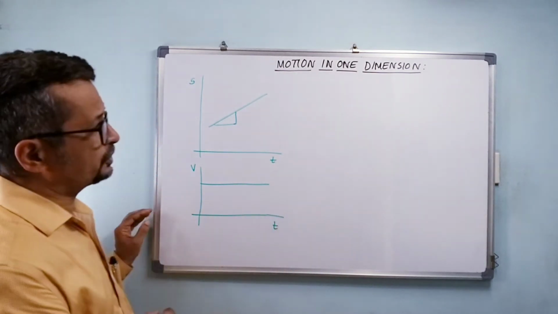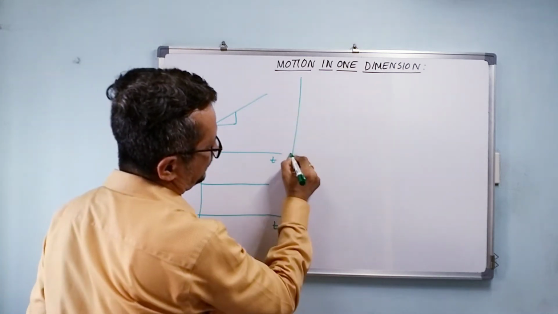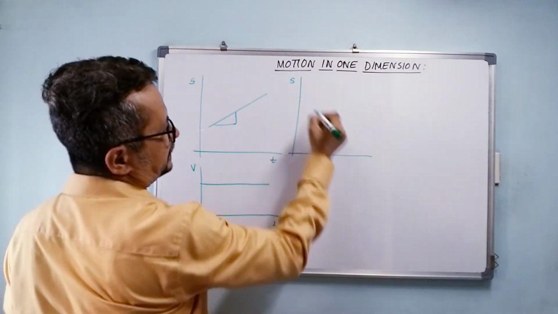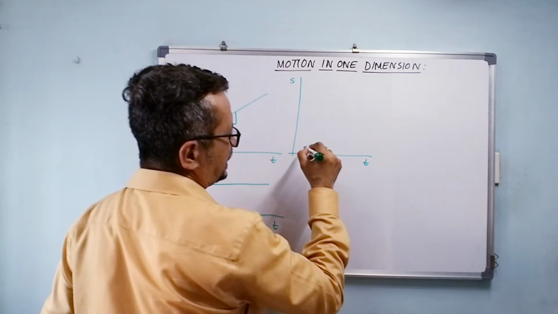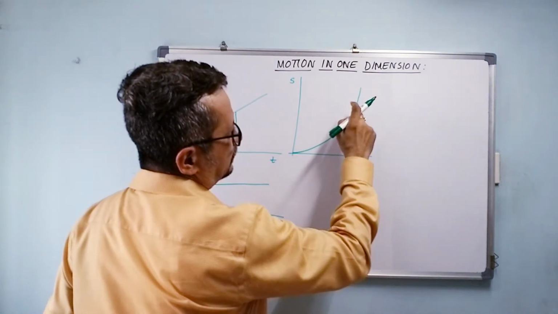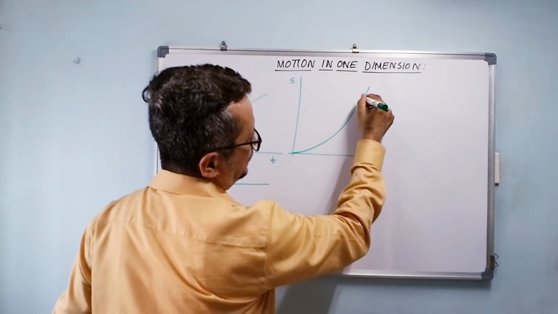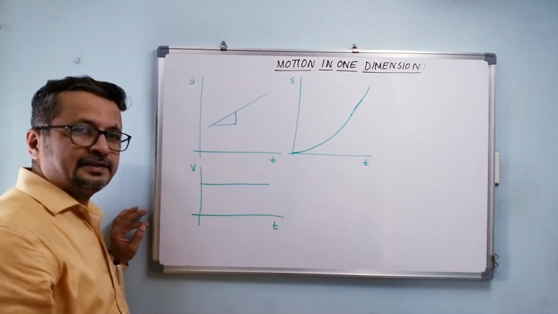On the contrary, suppose I have this displacement time graph like this, displacement and time. I would rather draw like this, not a sharp vertical ascent.